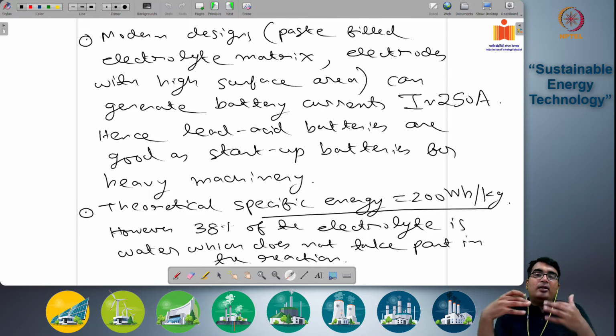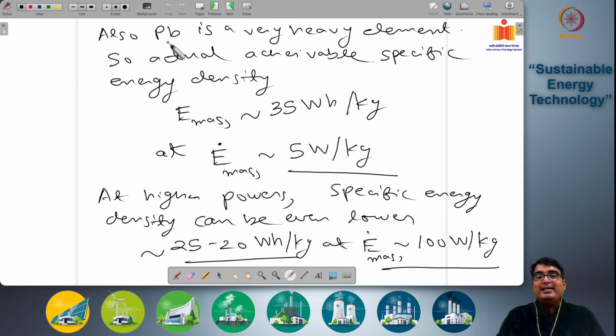That water actually does not take part in the reaction, so it adds to the inert weight of the battery. Also, lead is a very heavy element, so actually achievable specific energy densities are significantly low, around 35 watt-hour per kg. Okay, at specific power values of around 5 watt per kg, you will get a mass specific energy storage capacity of around 35 watt-hour per kg.